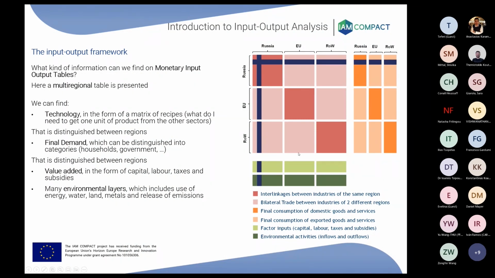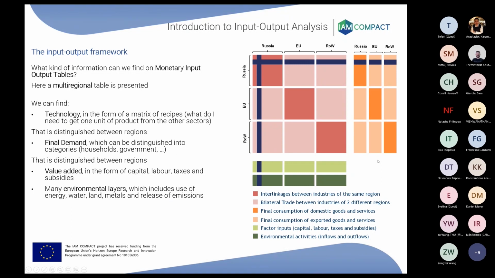So this table represents, as an example, the intermediate demand and supply of products across regions. You see Russia, EU, and rest of the world as just an example. And of course, the light red blocks are the international trades.